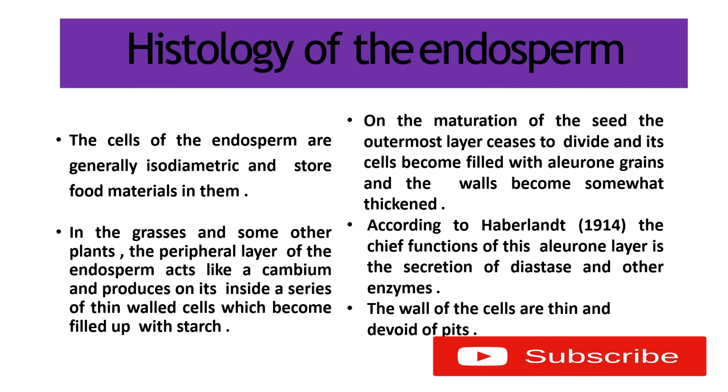And the cells of the endosperm, the histology, meaning the type of cells. The cells of the endosperm are usually isodiametric, which means they have similar sides. That is why it is termed isodiametric, and they store food materials. In grasses, some monocot plants, rice and wheat, the peripheral layer of the endosperm acts as a cambium.